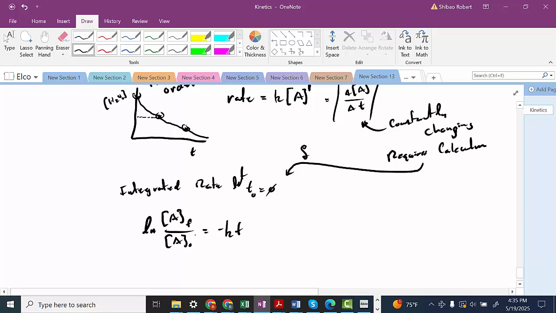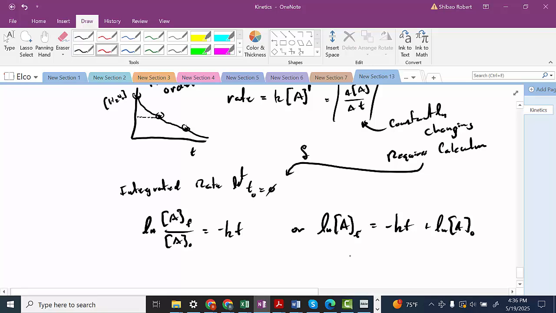Okay, going down here, so we have this is equal to minus kt, or another way of expressing this is we can go like this. ln of the concentration of A final here is equal to minus kt plus ln A initial.